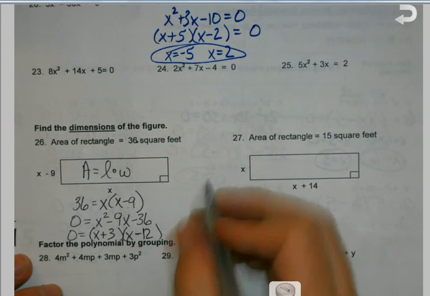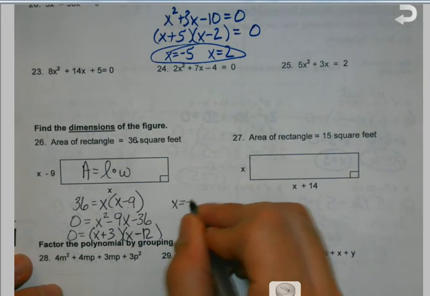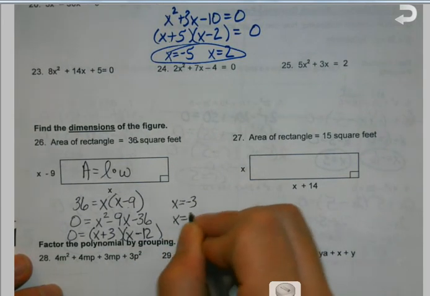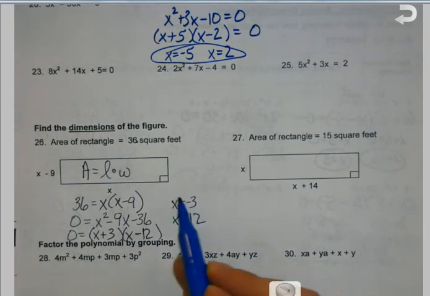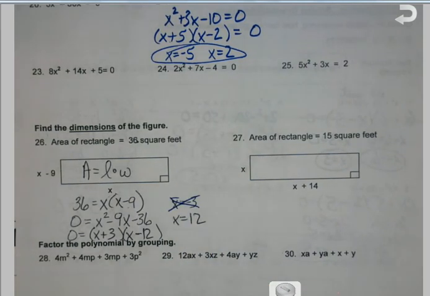So I set those each equal to 0. And then I say, now wait a minute, I got to use a little common sense here. I'm looking for sides of a shape, lengths of them. Negative doesn't make sense. I can't have a negative length. So I find out that x is 12, but that's not the final question.